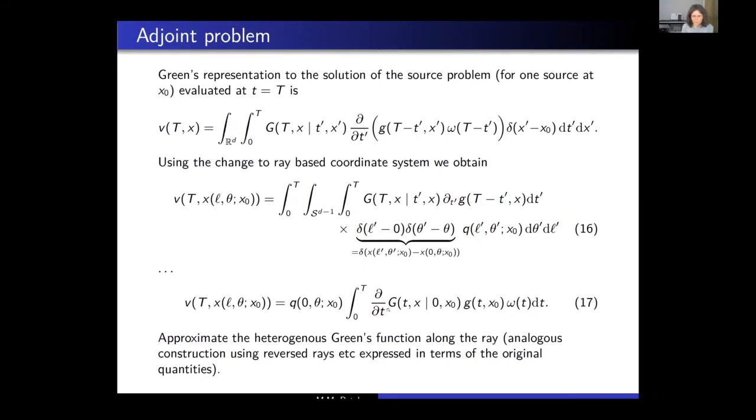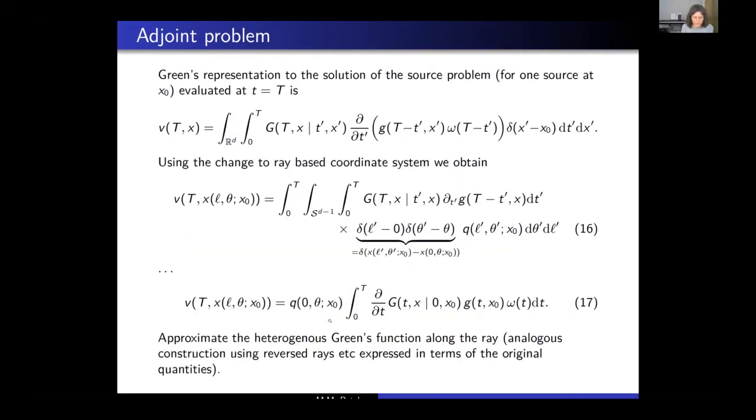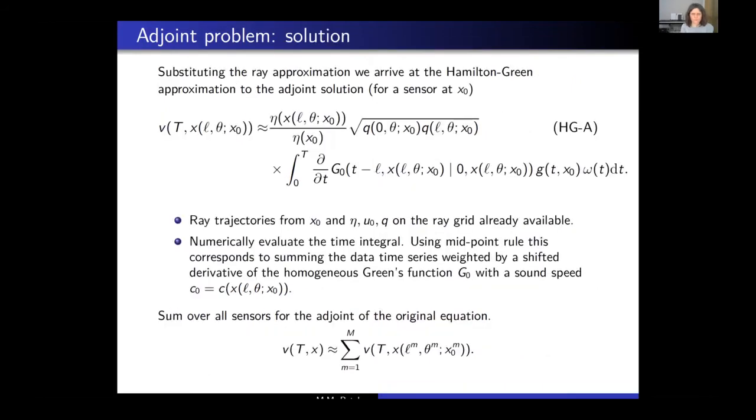Sorry, so this is not yet the approximated function. This is just a reformulation, and after I have made the approximation, I get this adjoint operator in this form for a single center. So this is after I have done the approximation of all the Green's function invariances.